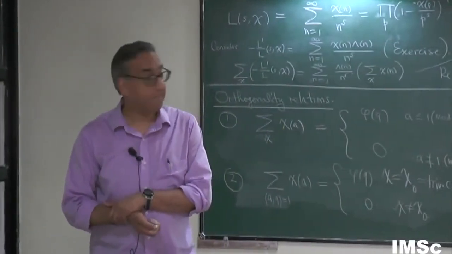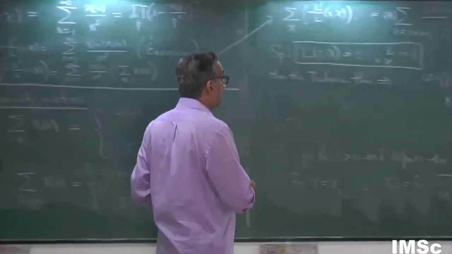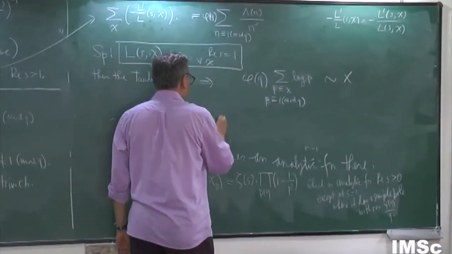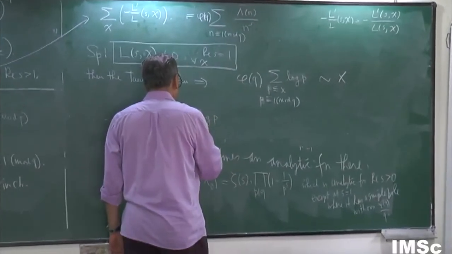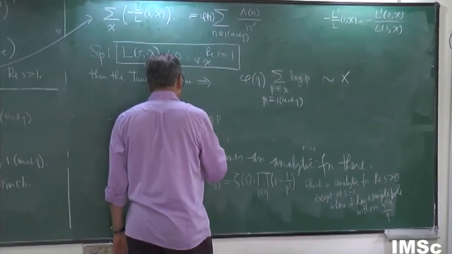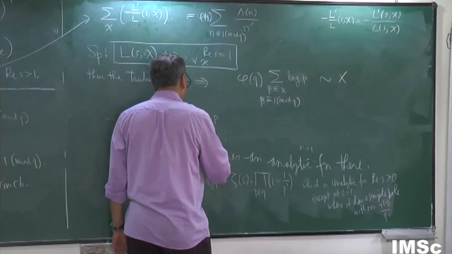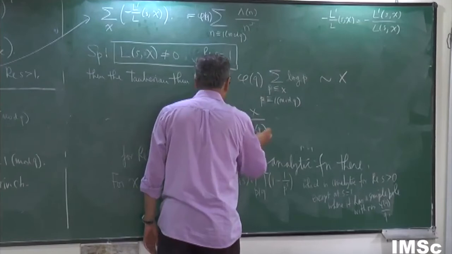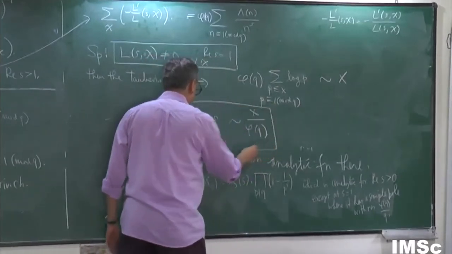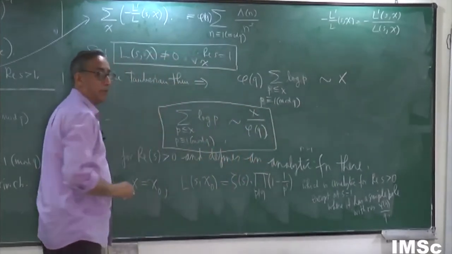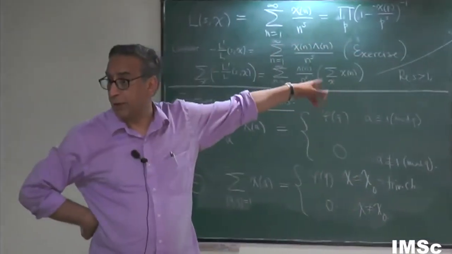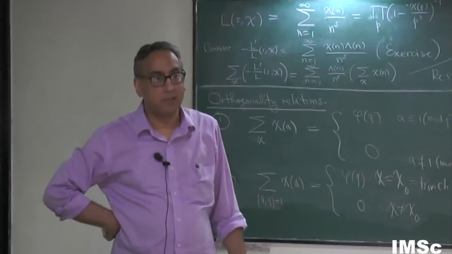So this proves that the number of primes p less than x, p congruent to 1 mod q, is asymptotic to x over phi of q. So you have a very nice generalization of the prime number theorem to the arithmetic progression 1 mod q, though at the moment we haven't done it in general yet.